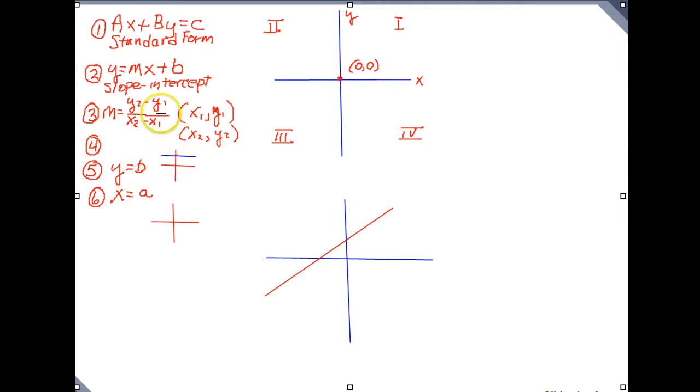Remember we said b was the y-intercept, going through that point on the y-axis. And then another one similar, I call it Formula 6, x equals a, and it's a vertical line going through point a, which would be your x-intercept over here.